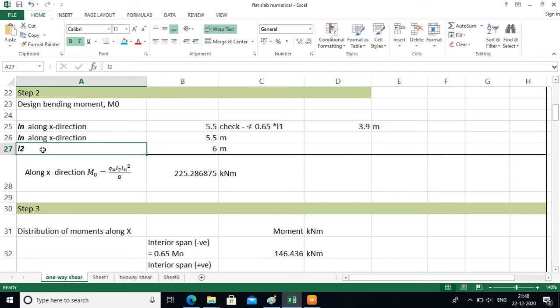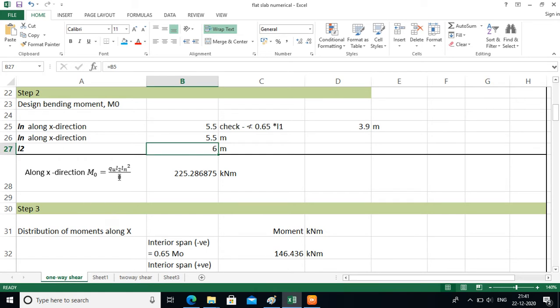Then we are going to take the value of L2. L2 is the center to center distance between the columns in y direction, or the direction perpendicular to x, and that center to center distance is given as 6 meter. With the help of this given data and this formula we can get the magnitude of design bending moment M0.